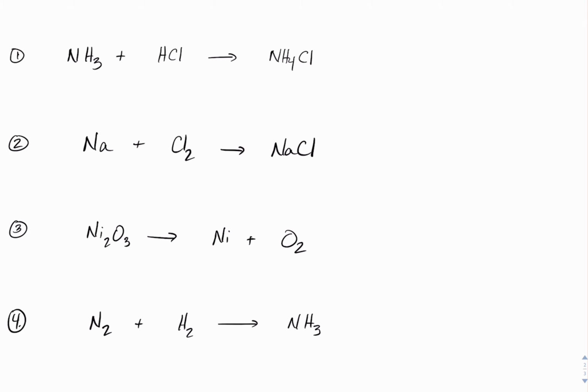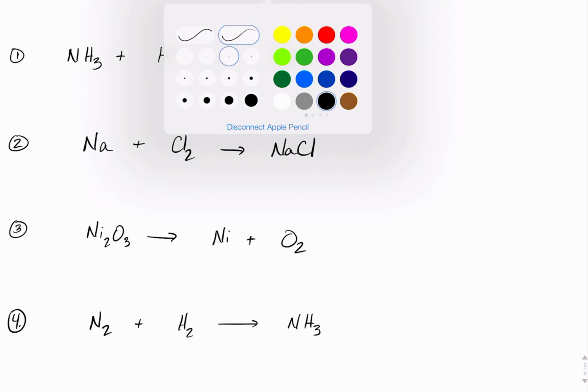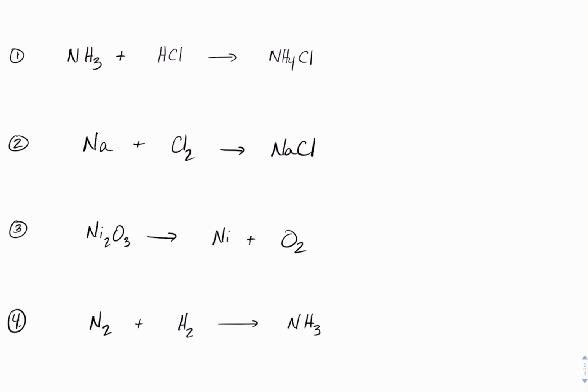So for the first problem, ammonia plus hydrochloric acid to produce ammonium chloride, it is actually already balanced. So this guy is balanced. And it turns out because we have two reactants, this would be likened to A plus B yields one product, C. So we would call this a combination.